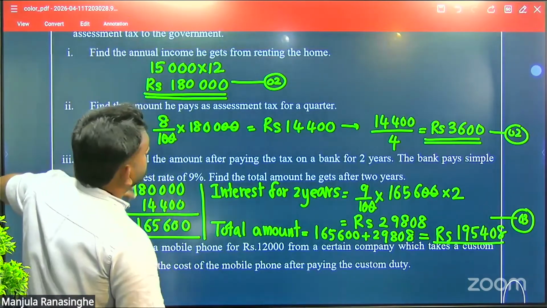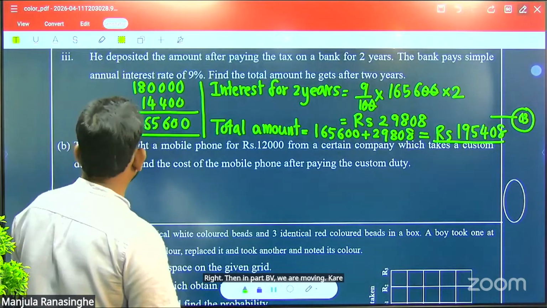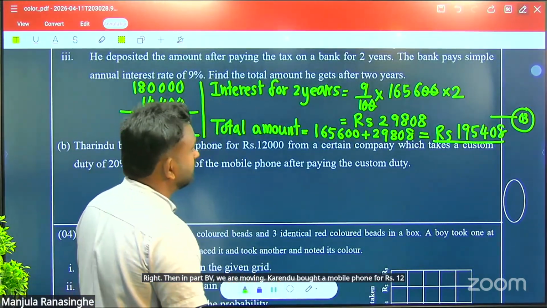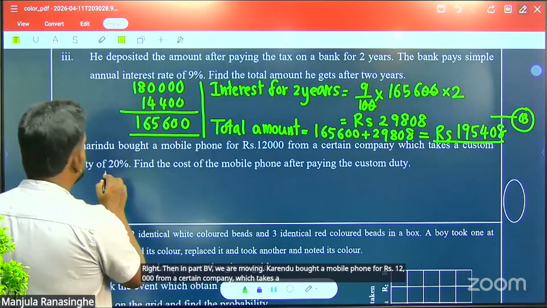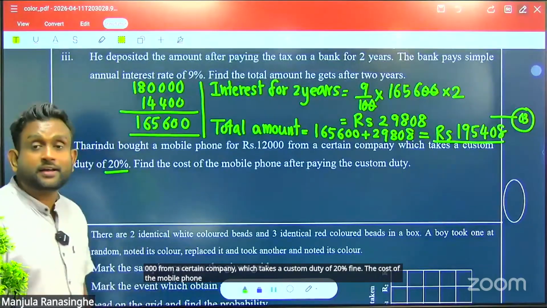Right. Then part B, we are moving. Tarindu bought a mobile phone for rupees 12,000 from a certain company which takes a custom duty of 20%. Find the cost of the mobile phone after paying the custom duty.